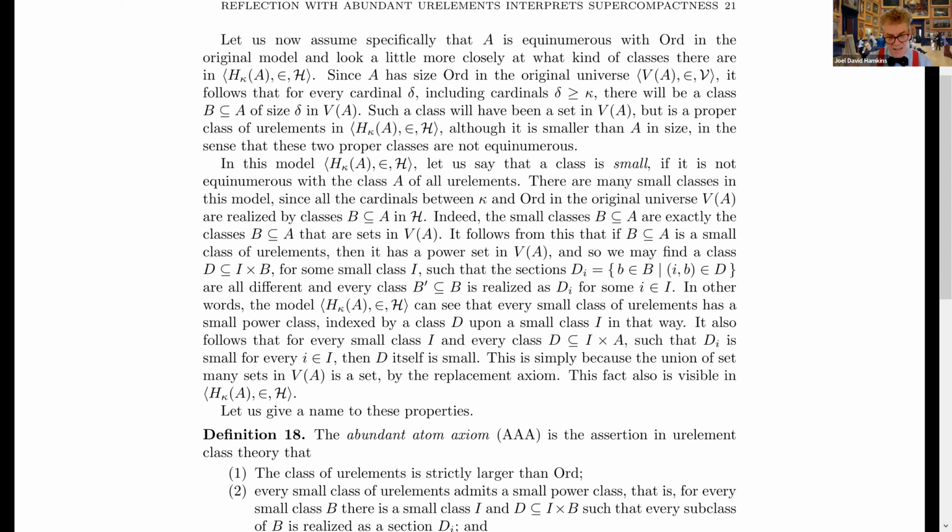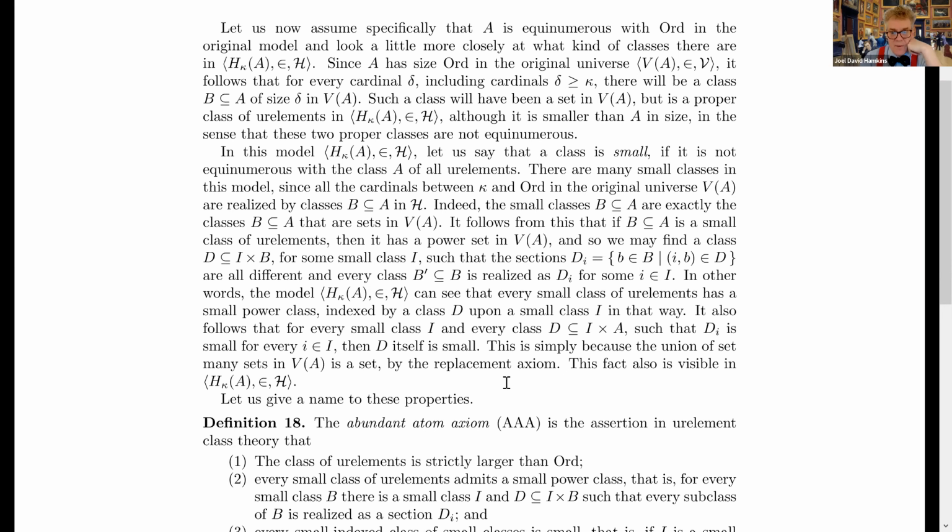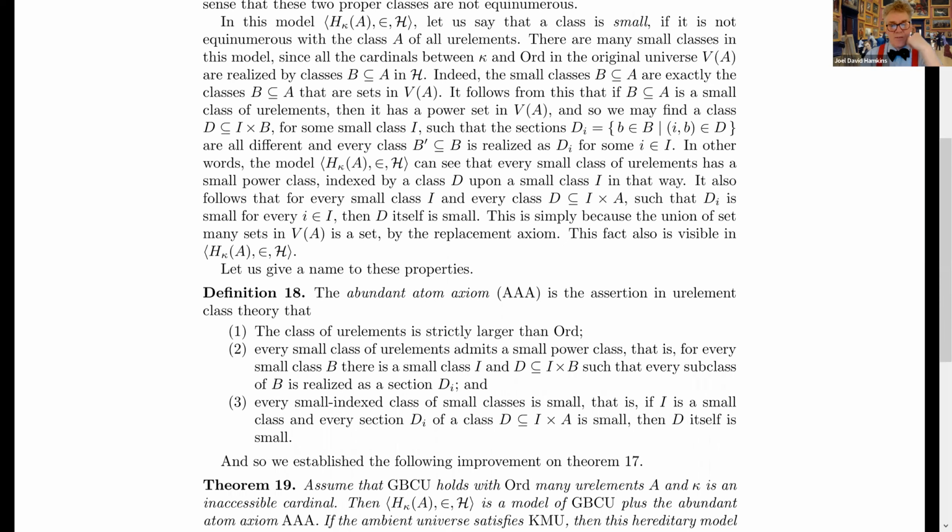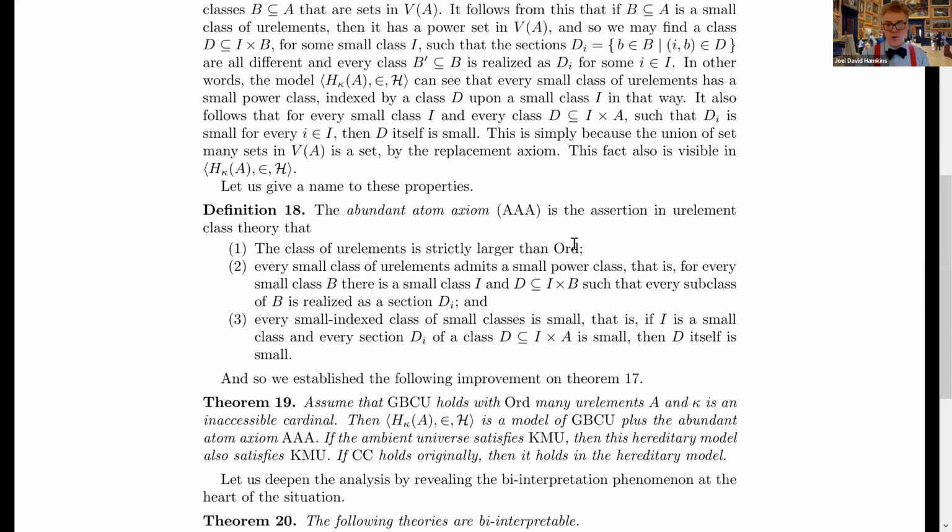And so the cardinality of the class of urelements is something like an inaccessible cardinal, is how we're thinking about it. So the abundant atom axiom is the assertion that the class of atoms has those properties. Namely, it's strictly bigger than ord, and every small class of urelements has a small power class, and every small index class of small classes is small. So it's saying that the universe is very wide with respect to atoms in comparison with its height.